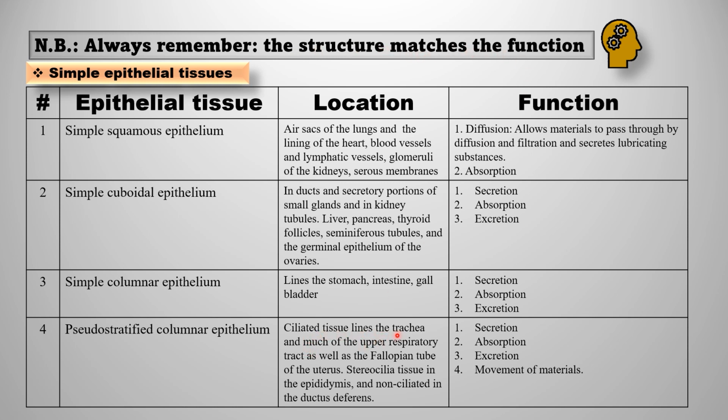Ciliated tissue lines the trachea and much of the upper respiratory tract, as well as the fallopian tube of the uterus. Here we add the word ciliated. So what do we mean by ciliated? Ciliated means it has cilia on the apical part of it. Since it has cilia, it is responsible for movement of something.